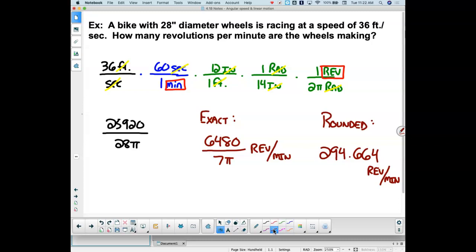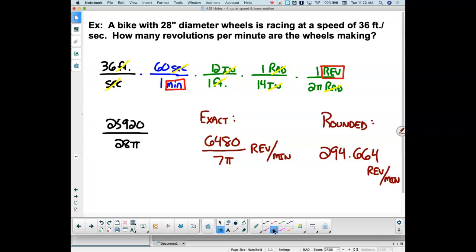Yes, ma'am. So we have to get rid of seconds first, or can we do that later? Do it any time. If you do, you get it down to here. I got the fraction in the blue, but not the exact one like what is in the red. That's fine. How'd you get to the 6480?